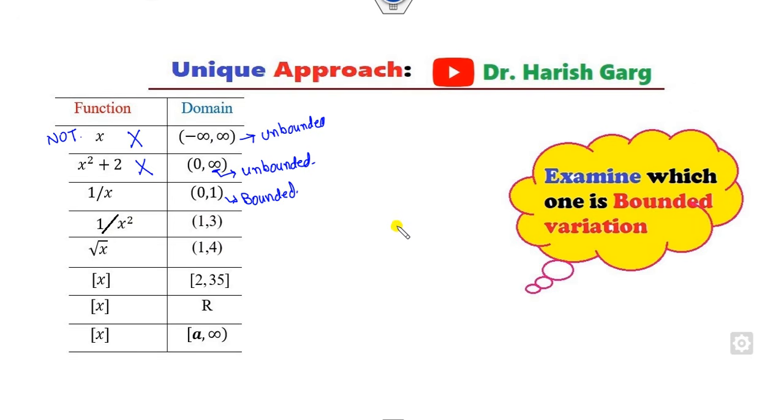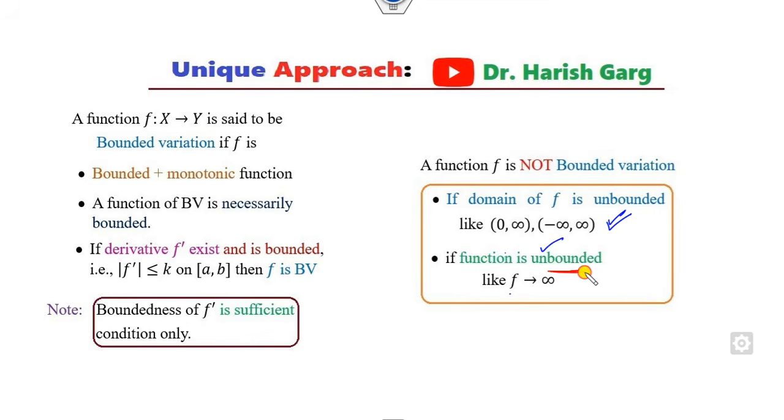Fine. But remember, as I told you, bounded does not imply bounded variation. But look at that. This function will go to infinity as x approaches 0. It means the function is unbounded. So if the function is unbounded, it means this is not of bounded variation by using this shortcut trick.